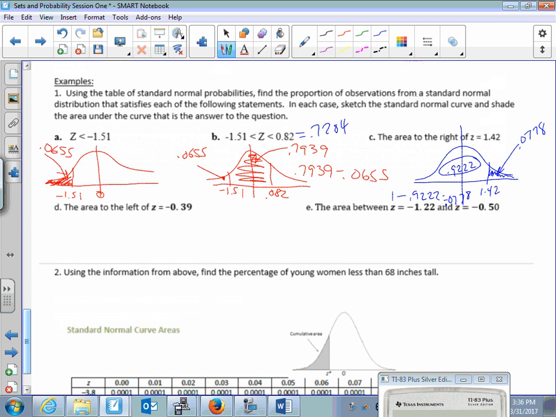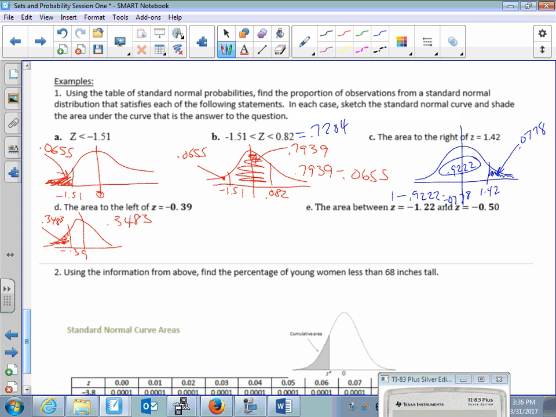We get 0.3483 for this one. I didn't shade this one, so here we go. Like this, here's the mean, and here's negative 0.39, and what we've got is 0.3483 to the left of that value. That's this region right here.